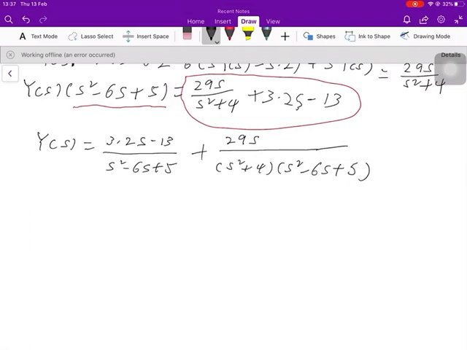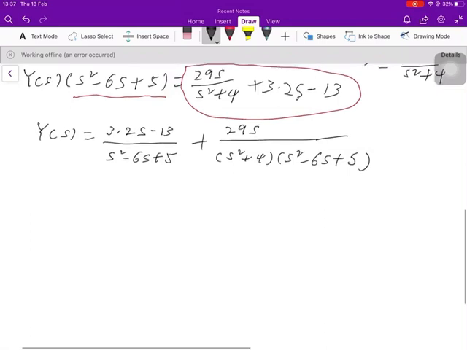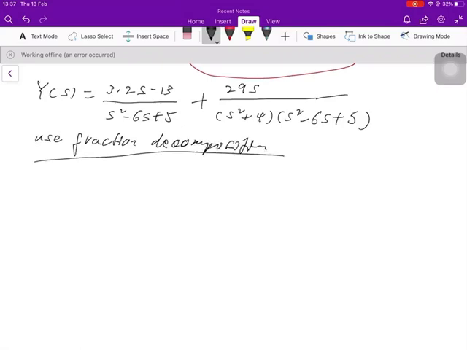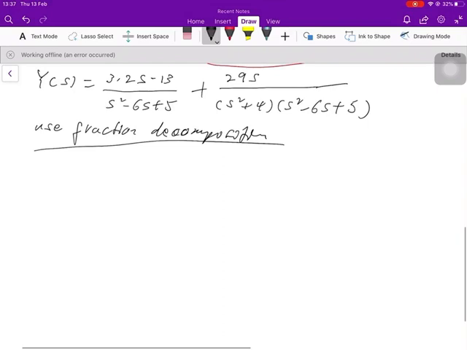Now, to solve this, we need to use the partial fraction decomposition method for each of the terms in this Y of s. So we rewrite this. We are going to solve for this term first.